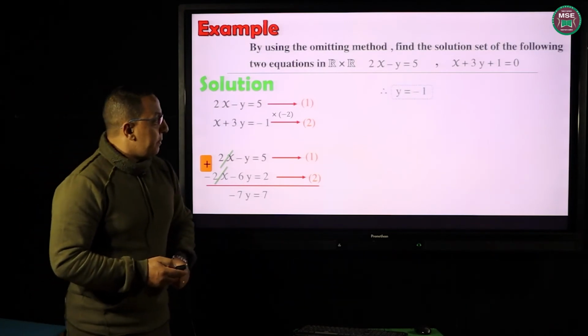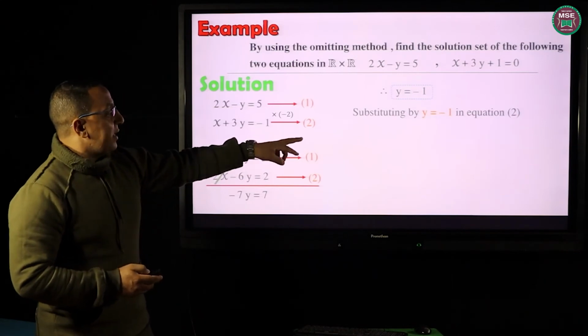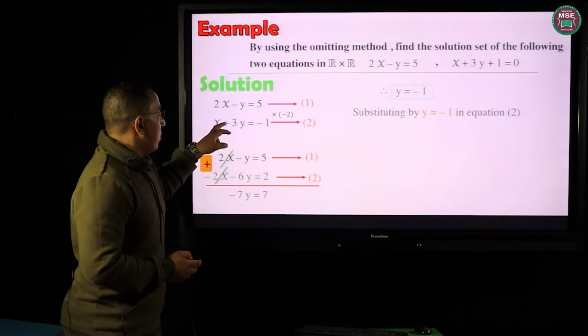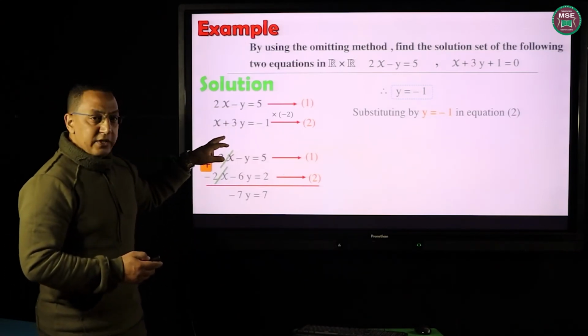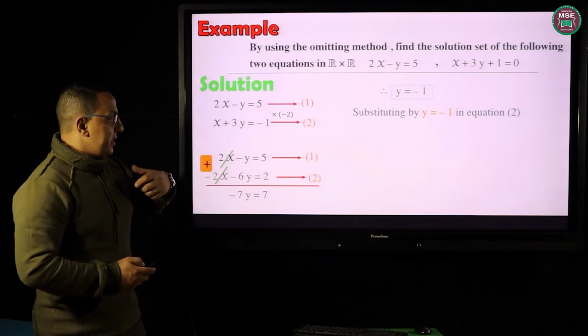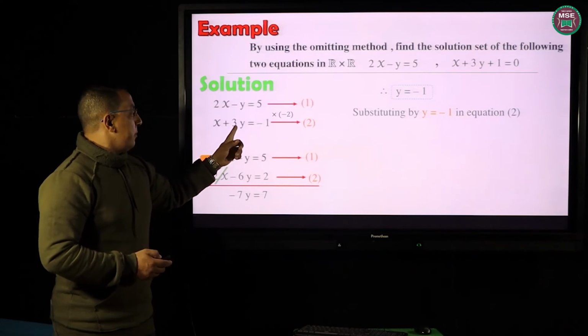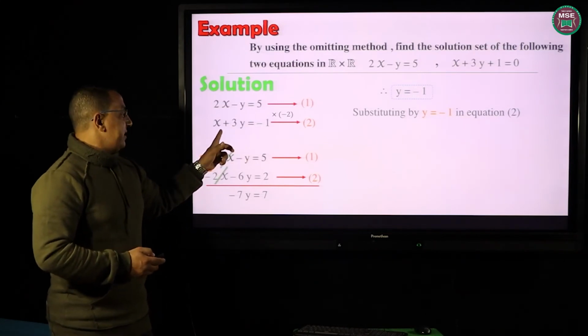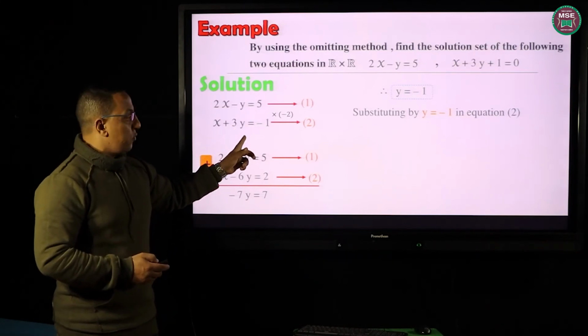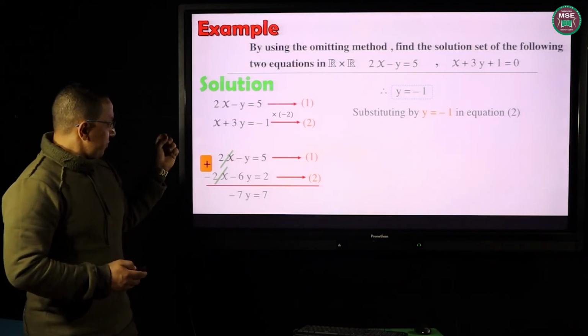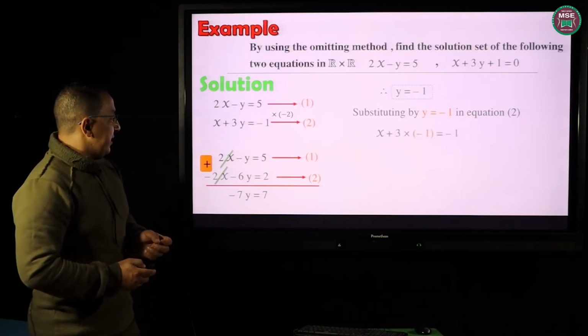And by substituting y equals negative 1 in equation 2. You can choose equation 1 or equation 2, it's up to you. It's easier for me to choose equation 2. So I'm going to write here negative 1, x plus 3 times negative 1 equals negative 3.